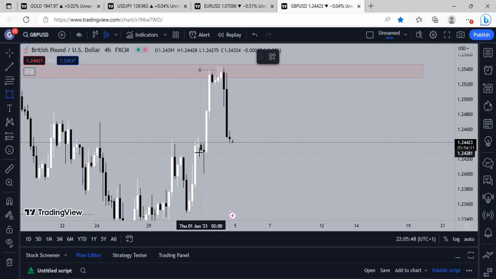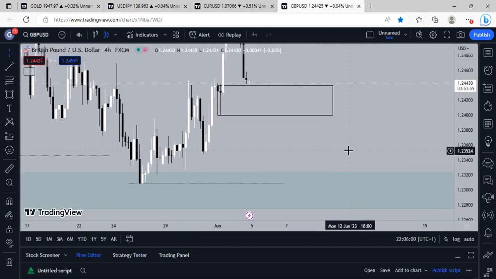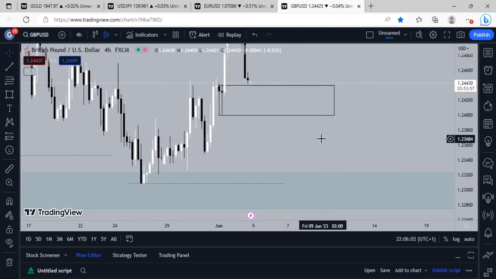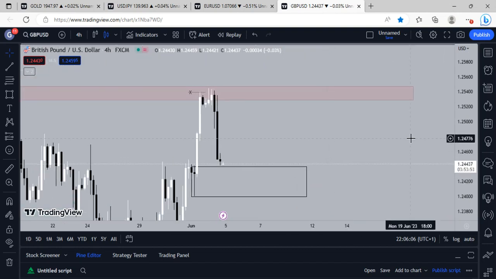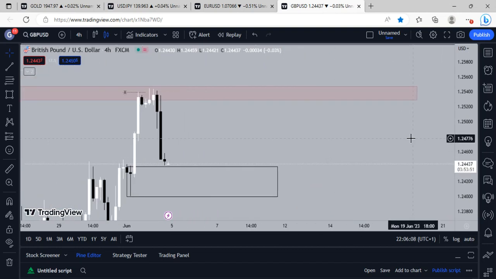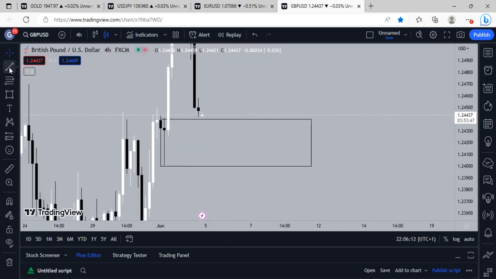Okay, this is an area we could be looking for as well. And the rest have been mitigated, of course. So we want to see what price will actually do when it gets to this area, because this is an order block, right?